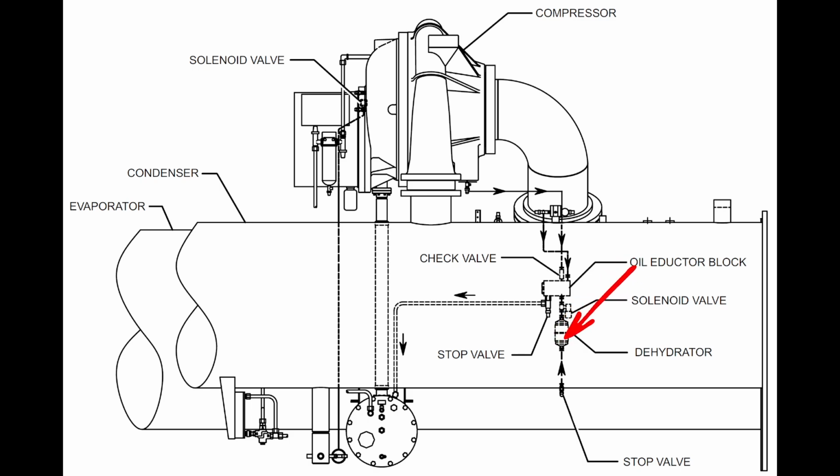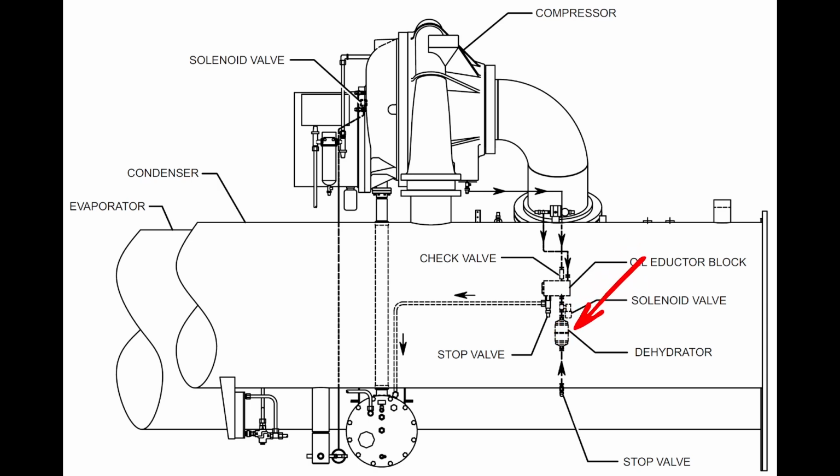We also have a filter dryer on these. These filter dryers on this particular machine are meant to be serviced semi-annually. They are made so that this solenoid can close and isolate, and you can isolate a service valve down here on the evaporator, and that isolates this particular part of the system. Then you can remove this filter dryer.